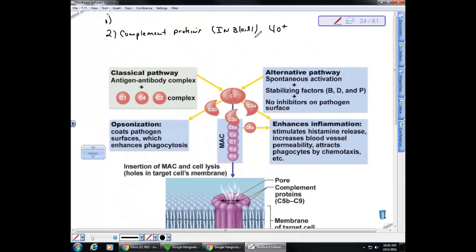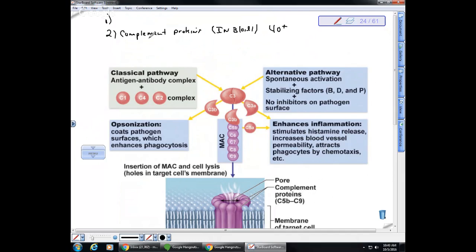Complement proteins function by coming together, and they actually form pores. They insert themselves into the plasma membrane of a pathogen, like a bacteria or a parasite, and it causes holes to open up so that eventually the pathogen, like a bacteria, will rupture, okay?